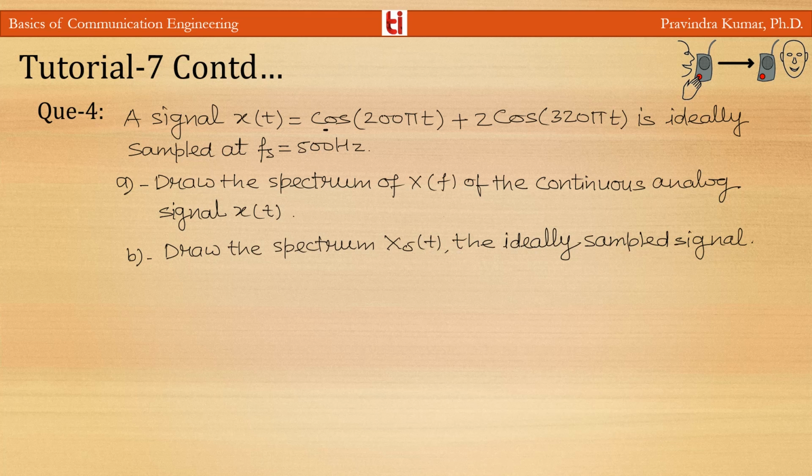Now next question: a signal x(t) = cos 200πt + 2 cos 320πt is ideally sampled at frequency fs = 500 Hz. Draw the spectrum X(f) of the continuous analog signal x(t), and draw the spectrum of x_δ(t), the ideally sampled signal.